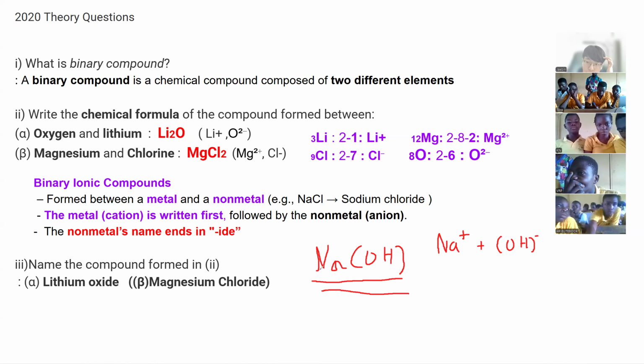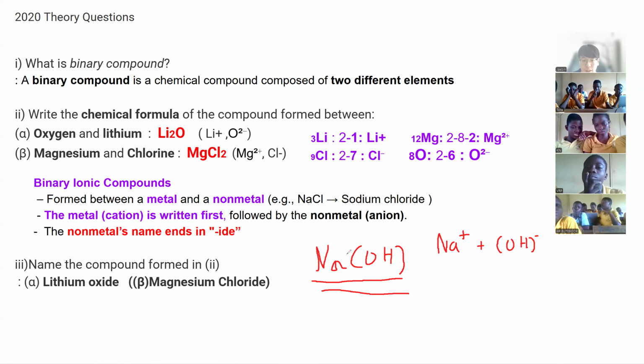How would you name this compound? Well, if you want to name it, it becomes sodium, and this is hydroxide. So simply, you can name it sodium hydroxide.